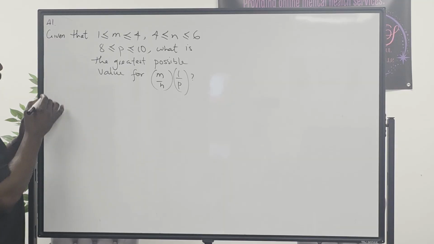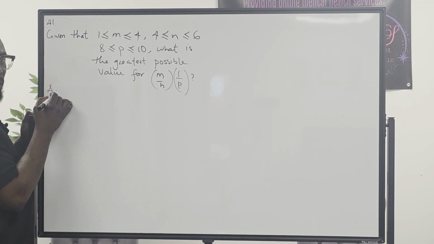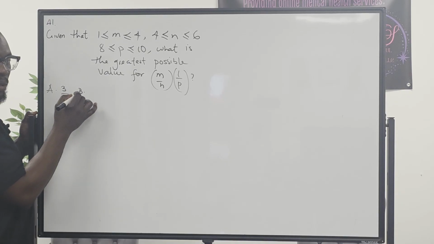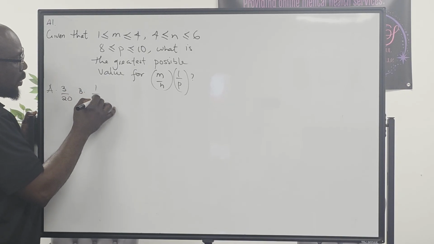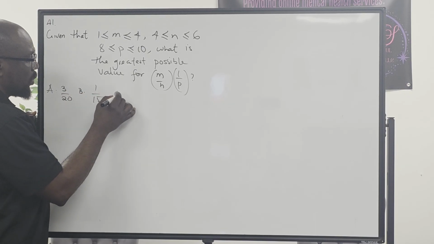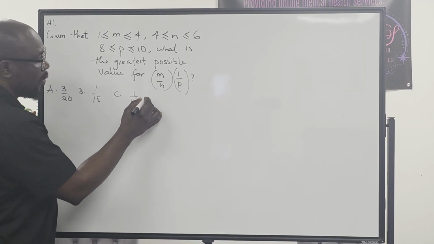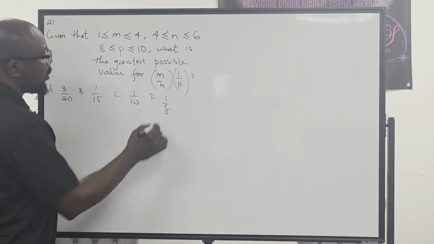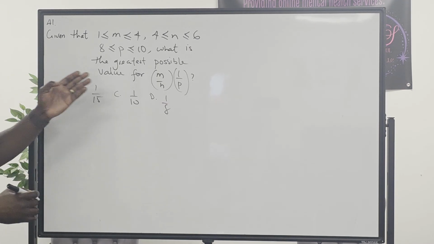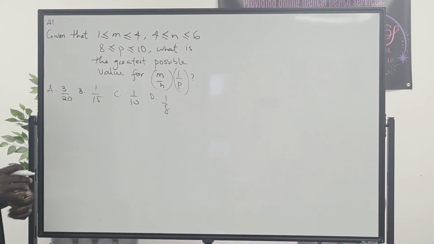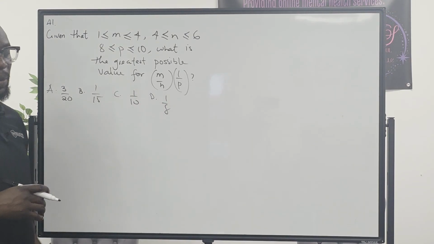And they gave us option A is 3 over 20, option B 1 over 15, option C 1 over 10, and option D is 1 over 8. So this question says to find the greatest possible value for m over n times 1 over p.